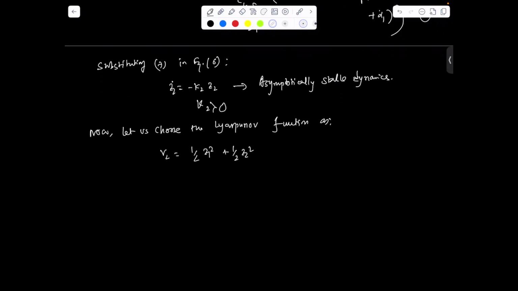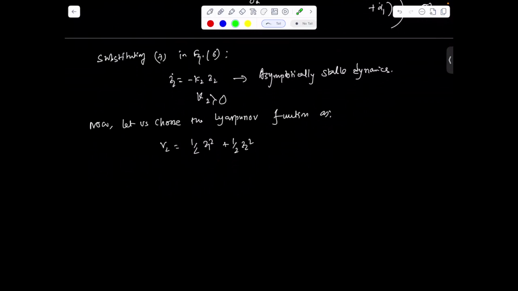So this is basically nothing but the V1 you have done in the previous. So here, if we take the time derivative of V2, V2 dot equal to G1 G1 dot plus G2 G2 dot.